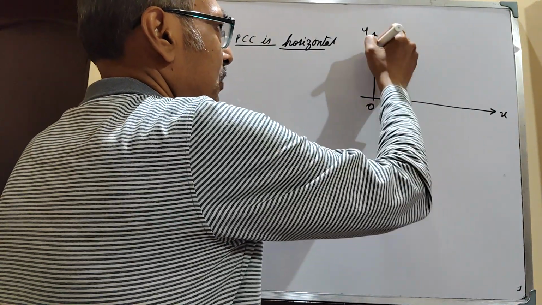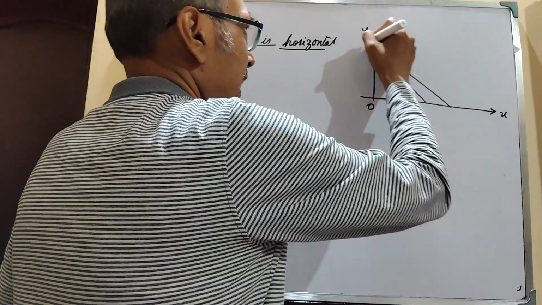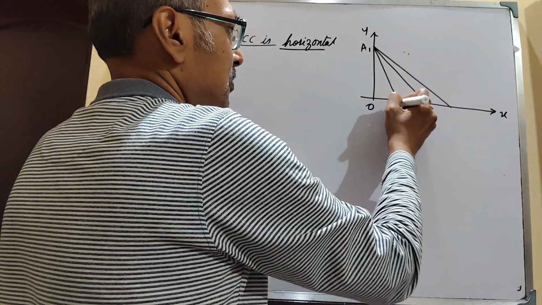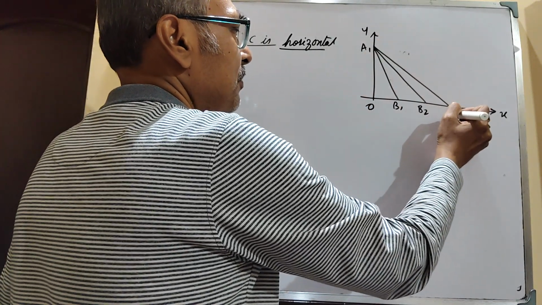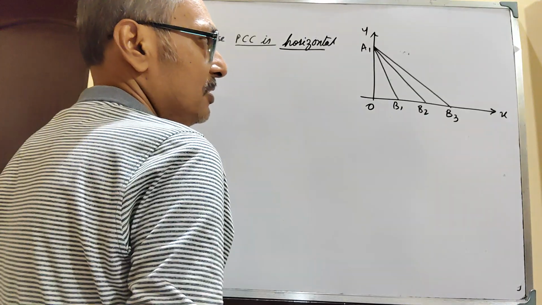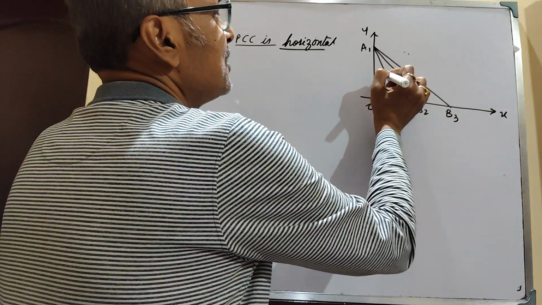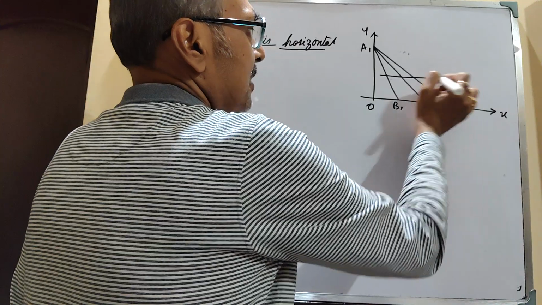Again I am drawing the budget line A1, B1, A1, B2 and then A1, B3, because Px falls, keeping Py and M constant. First I am drawing the horizontal part, the PCC.